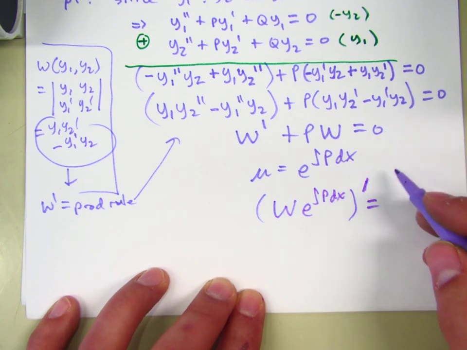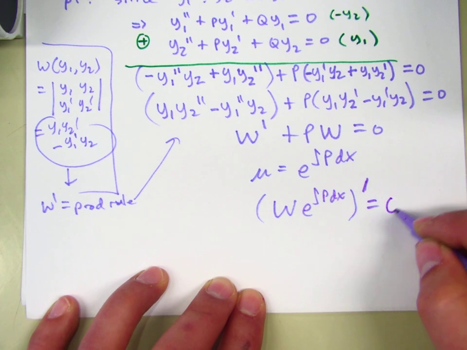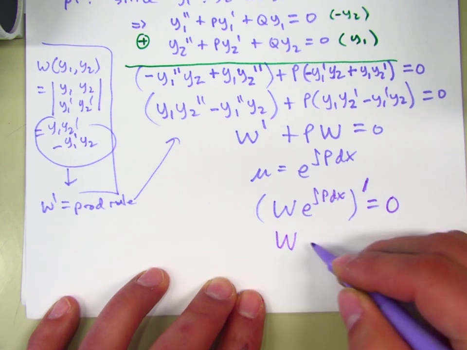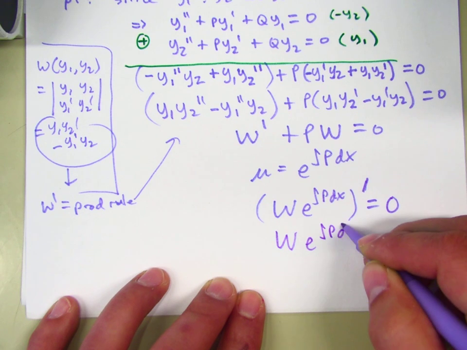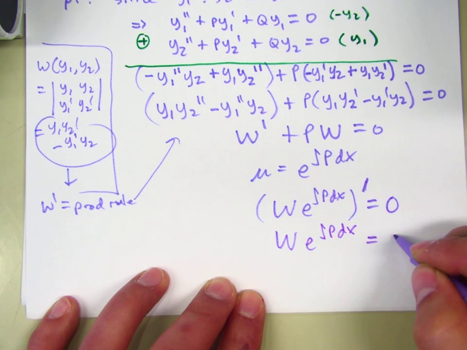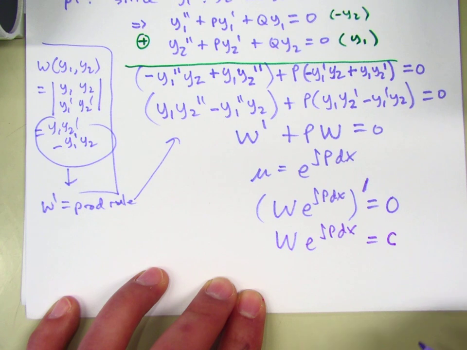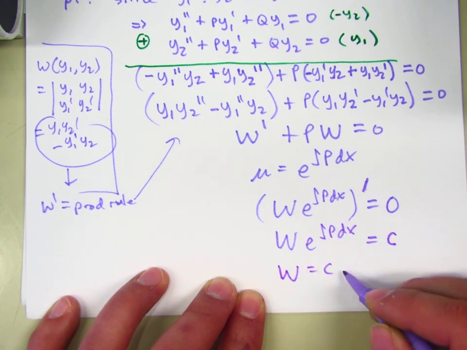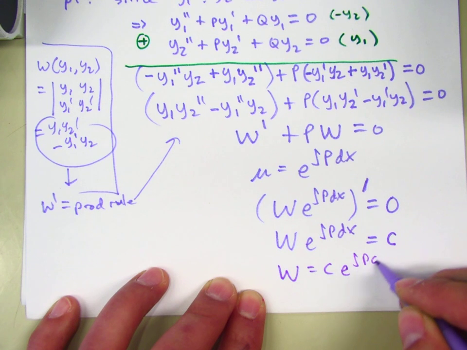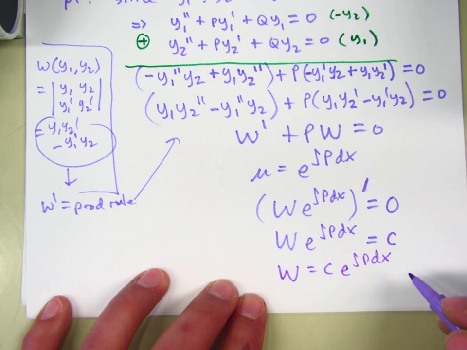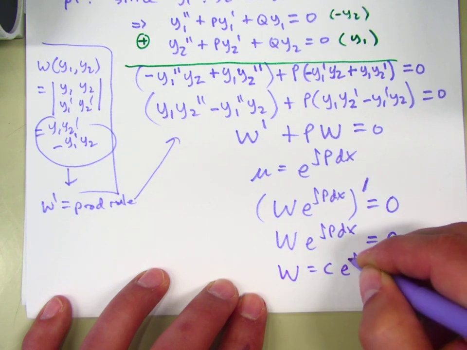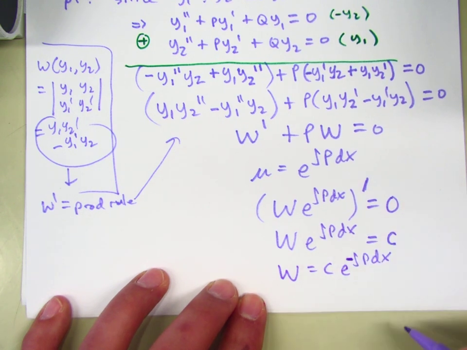On the right-hand side, it's 0, so multiplying by the integrating factor isn't going to change anything. And now when you take the integral, you get the Wronskian times the integrating factor is equal to some constant, right? And if we isolate the Wronskian, we move this to the other side, and we get c e to the integral of p dx. Oh, that's not the right answer. I messed up the last step. That should be negative now.